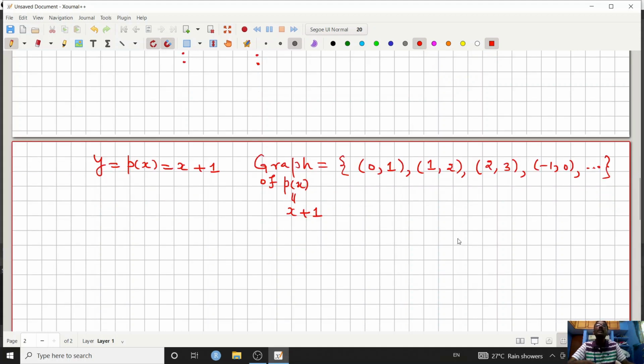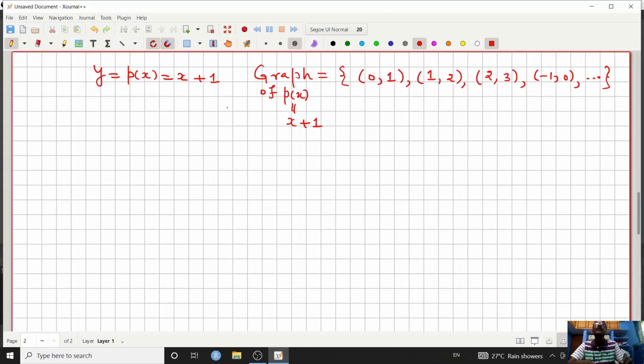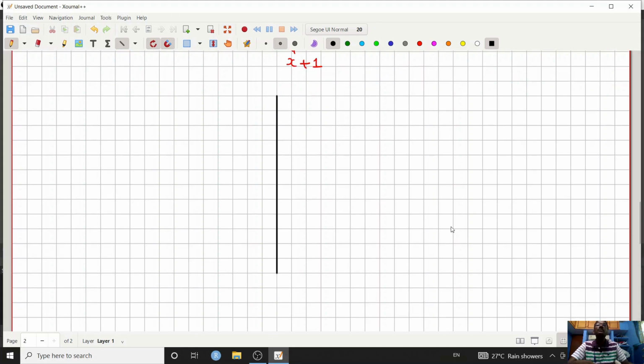Now let us try to draw the diagram for this. Let us draw the diagram. So this is a straight line. We have drawn a straight line, and we are to draw a horizontal line.